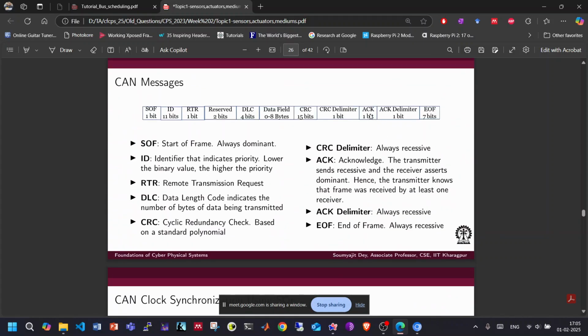So it mostly depends on the transmission. If the transmission is doing something wrong, then the receiver has no issue to acknowledge. Make sense? Yes. So mostly it is a transmitter's issue. That is why it is penalized more.